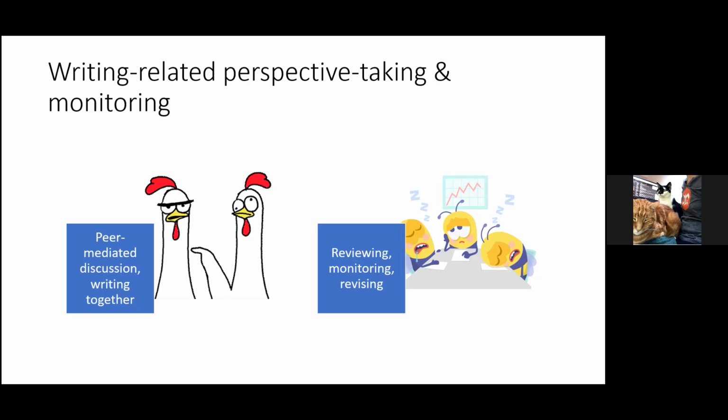And so you can imagine if you were, for example, going around the room and having one student give you the first sentence of a story that you're writing together, and then have another student give the next sentence, they would have to be making inferences about what's coming next, monitoring what already happened in order to say what happens next.